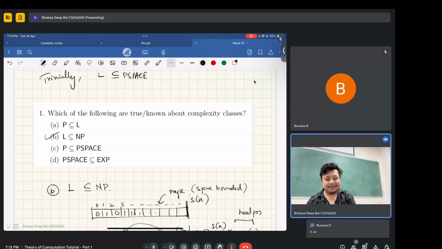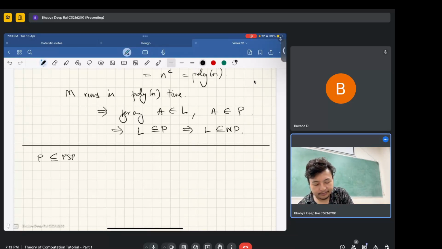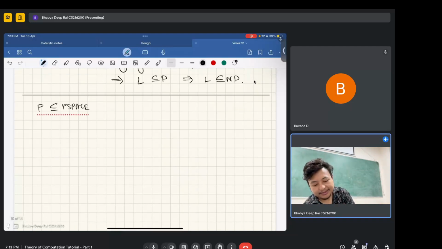Next, P is contained in PSPACE. Okay, let's see.